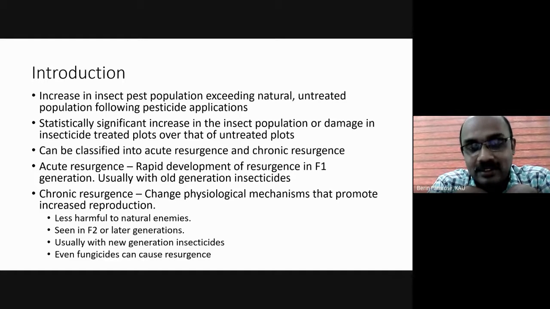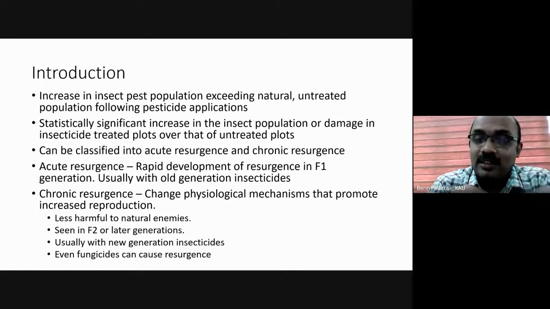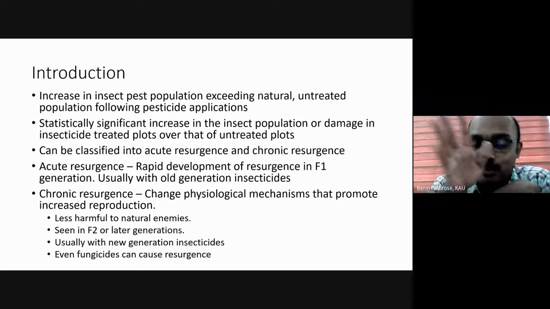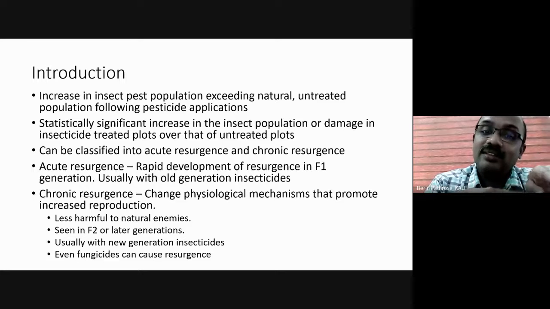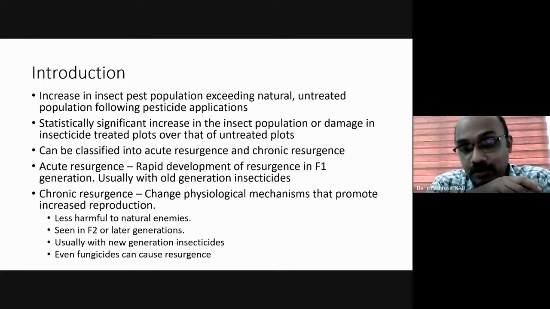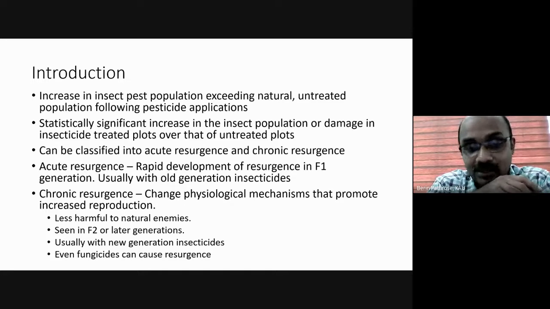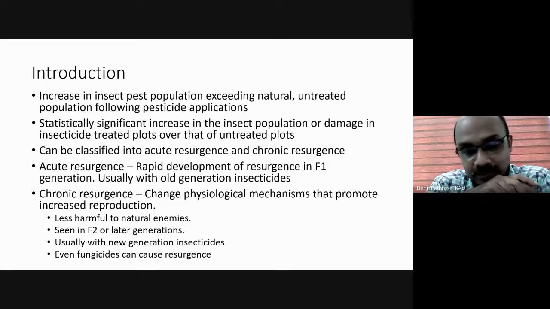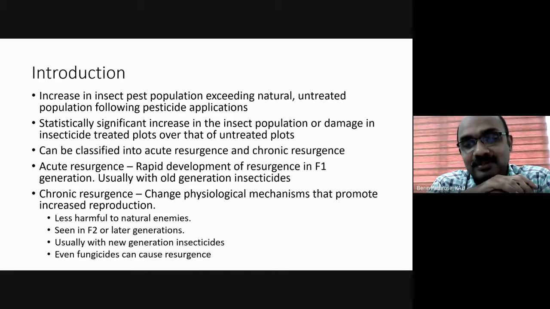What Safna asked is, if you spray for a target pest, instead of a decrease in the population of the target pest, there is an increase in the population of the target pest. What happens if there is an increase in the non-target pest? That means a minor pest which has become a major pest. We will discuss that anyway at the end of this session. But that is nothing but secondary pest outbreak. Understood?